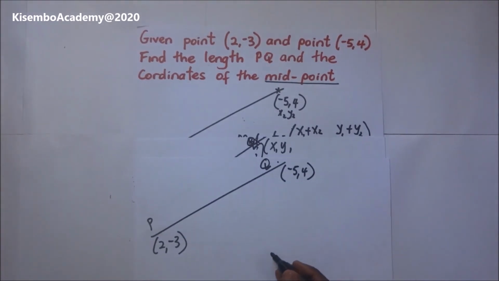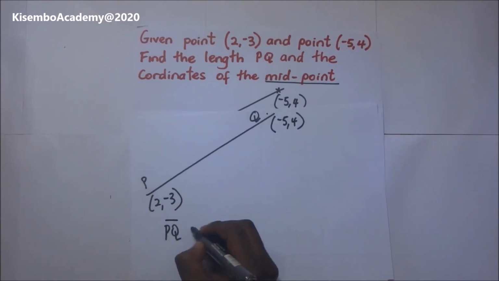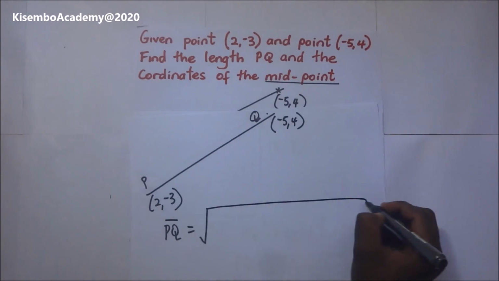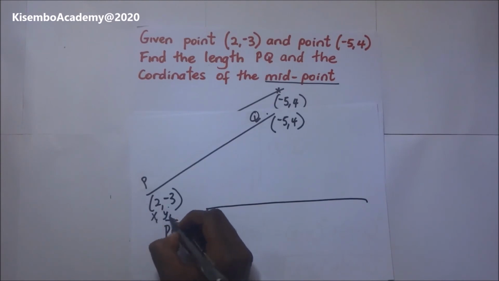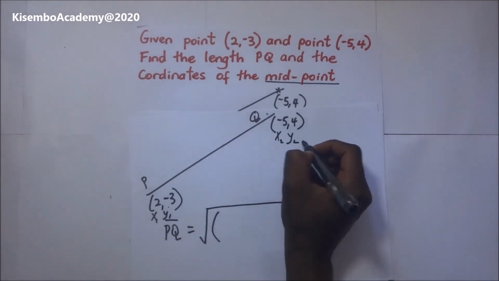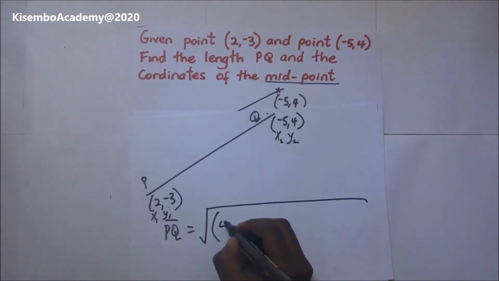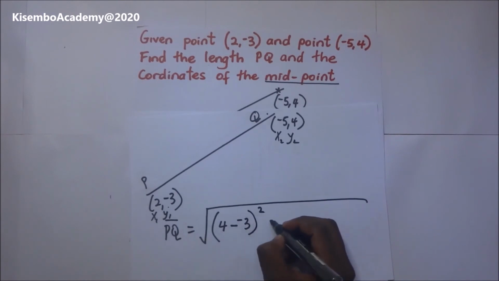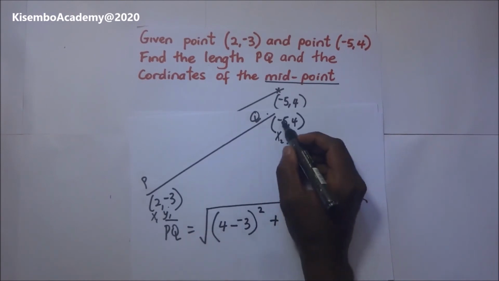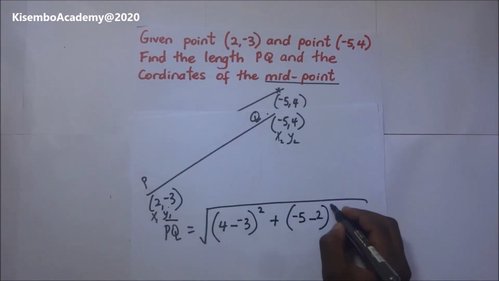So the distance PQ is going to be equal to the square root of y2 minus y1. Let's call this x1, y1, this is x2, y2. So y2 minus y1 is 4 minus -3, this is squared, plus x2, which is -5 minus 2, and this is also squared.